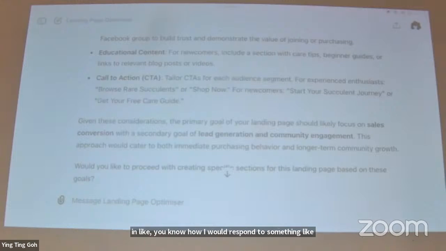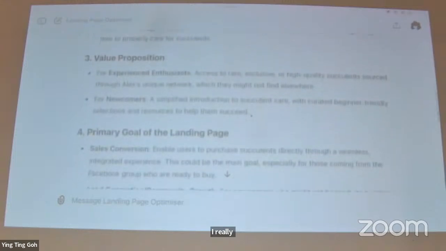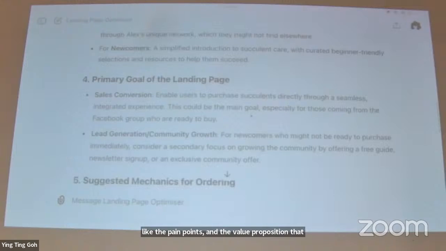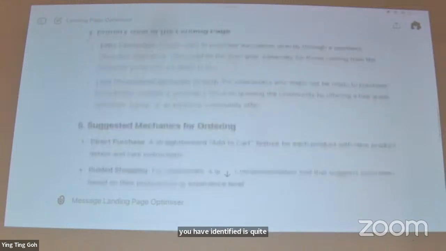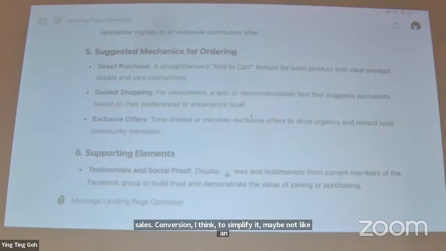So I'll say, I really like the options you have presented, and I feel like the pain points and the value proposition that you have identified are quite nice. Agree that the primary goal should be sales conversion. To simplify it, maybe not an add to cart, but a link that goes to Telegram to purchase.